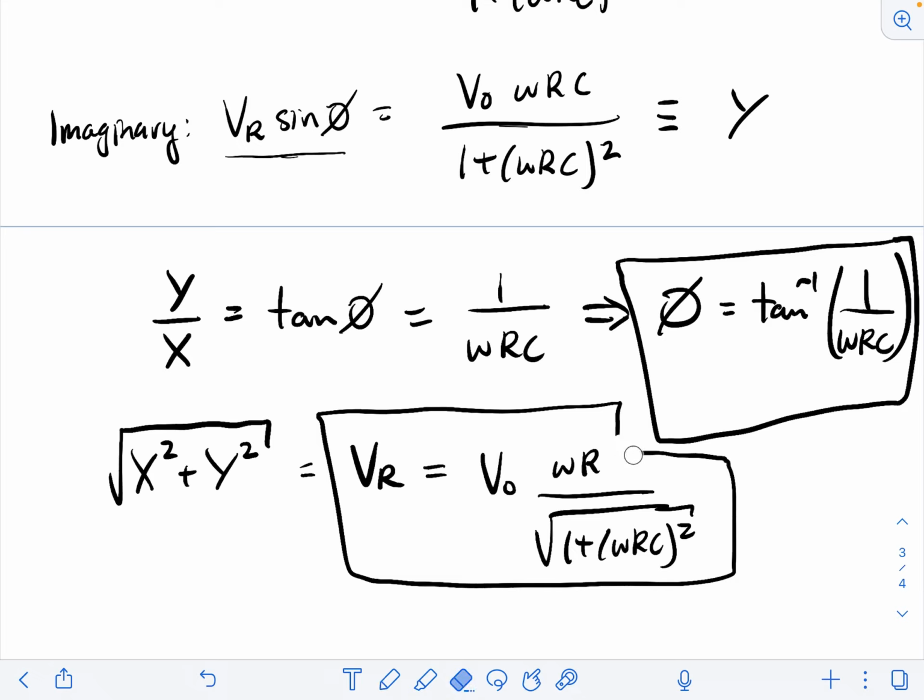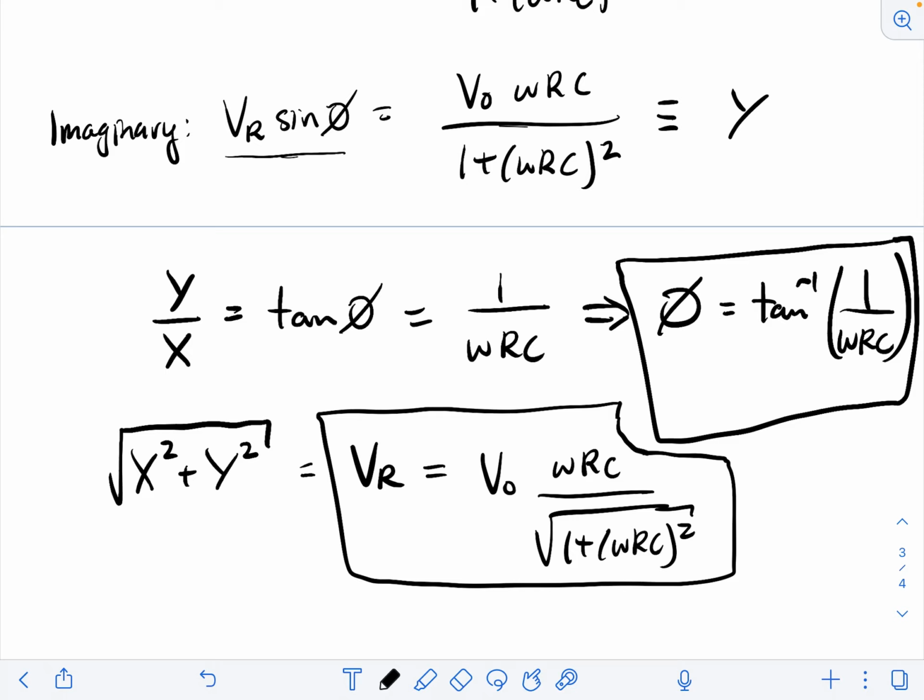So if we look at this expression, if we went to really high frequency, in the denominator, the (omega RC) squared is going to dominate the 1. And so what we would end up with is omega RC in the numerator divided by omega RC in the denominator, and the resistor voltage amplitude would be equal to the amplitude of the input at high frequency.